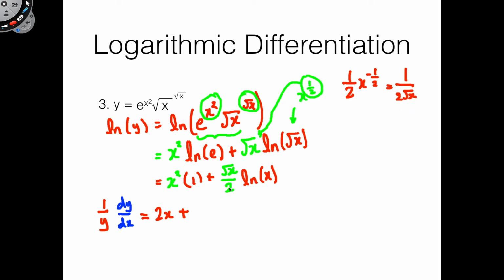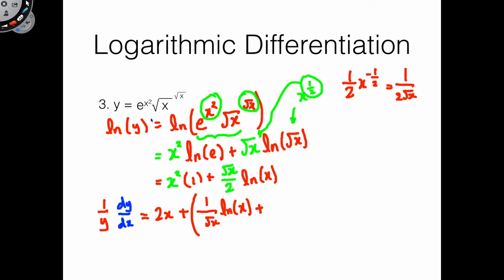So we'd have, but we'd really have a product rule here. So this would be, we'd have 1 over 2 root x times ln of x, plus, or actually that would be 1 over 4 root x ln of x, right?